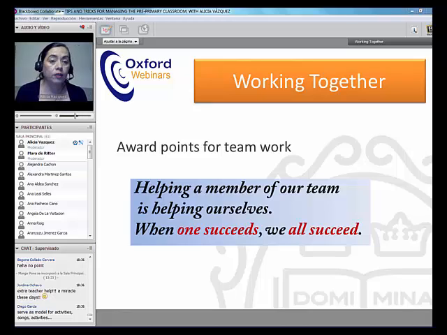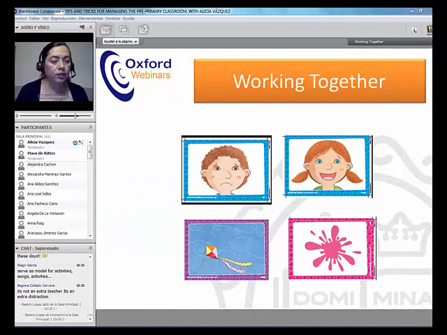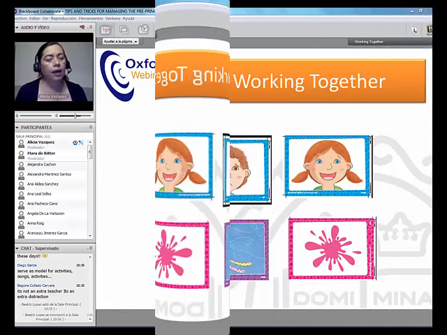So when they're working together, they have a hard time waiting for the other students to be done. So what you want to do is award points for working as a team, and remind them that no one is done in the team until everyone is done.